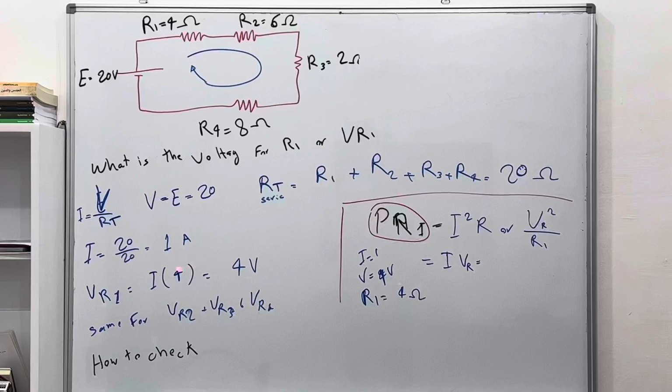So this is 4 ohms and this is 1 ampere. 1 ampere multiplied by 4 ohms equals 4 volts, and this is what they call VR1. This is the voltage between this point and this point.